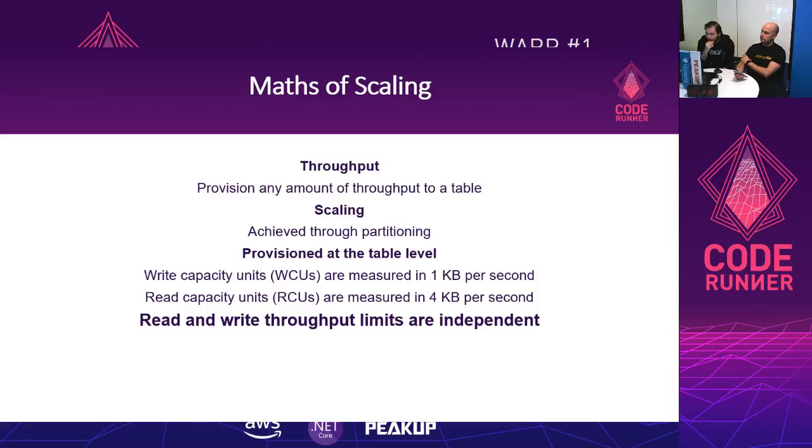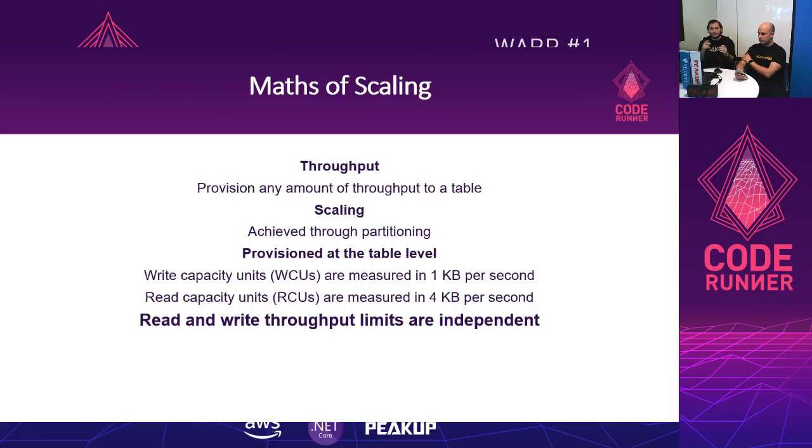About the scaling, so scaling is a little bit of, as we said before, math, because you have to calculate write and read operations separately and come up with that number to give as a partition to the AWS service.